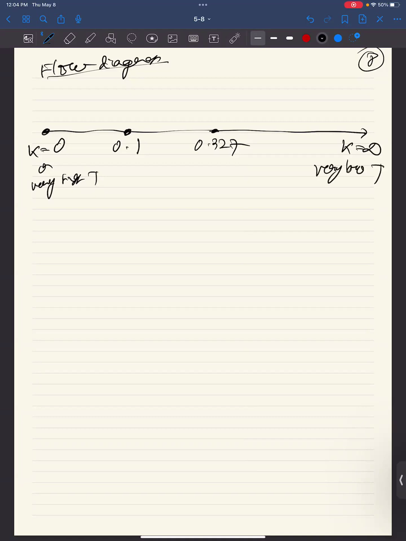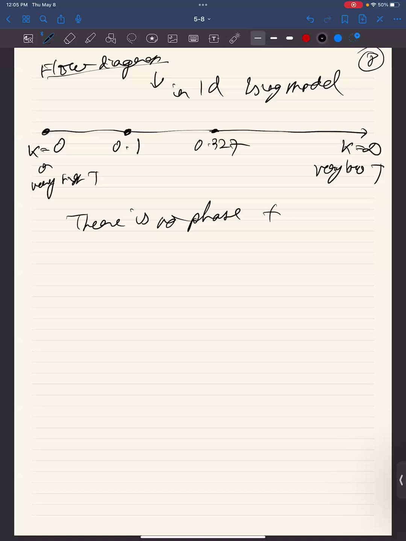What does this flow diagram tell us about the 1D Ising model? It is the same partition function that applies irrespective of whatever temperature you take. You are not going to see any different phase. It's the same business that goes on. There is no phase transition. The flow diagram does not have a fixed point.